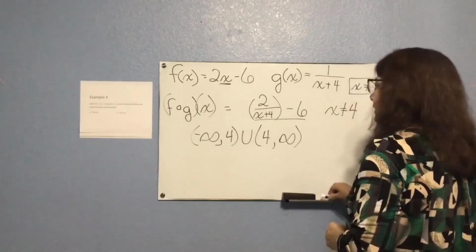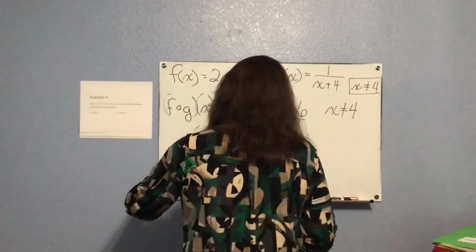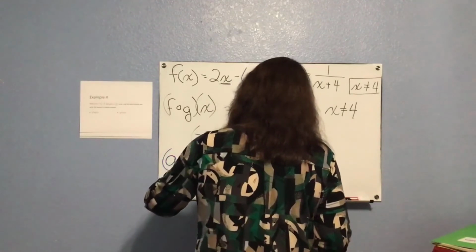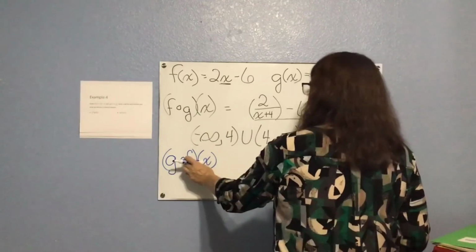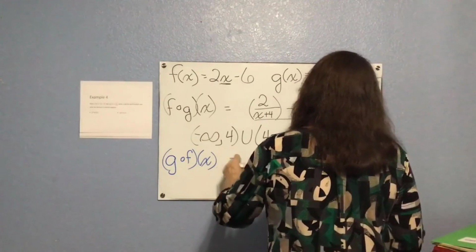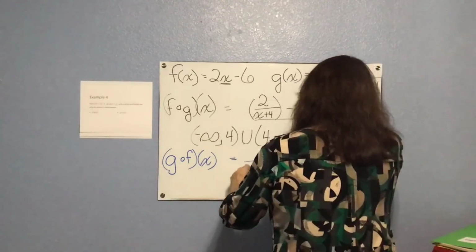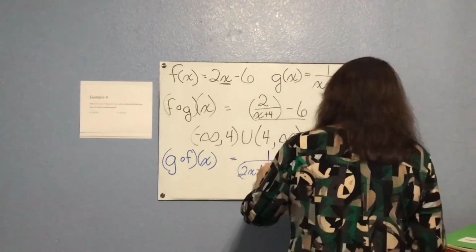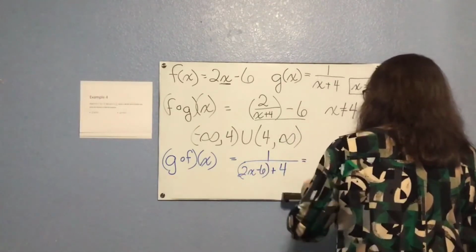Now let's look at g of f of x for the same functions. This time I'm going to put the f of x function inside the g. So I've got 1 over, and instead of x, I'll put 2x minus 6 plus 4. So I can simplify that a little bit.